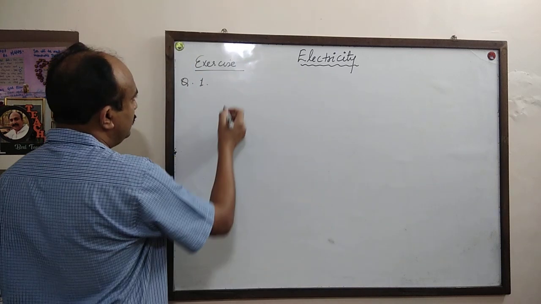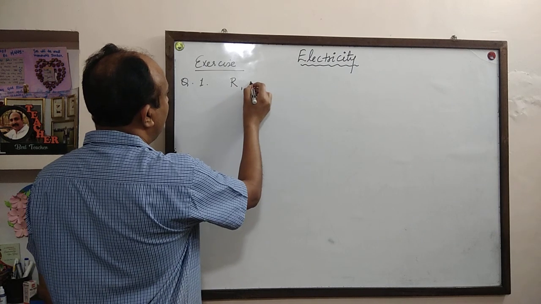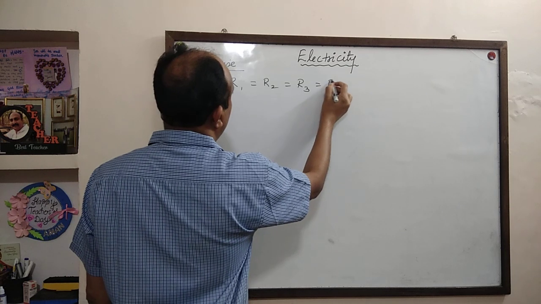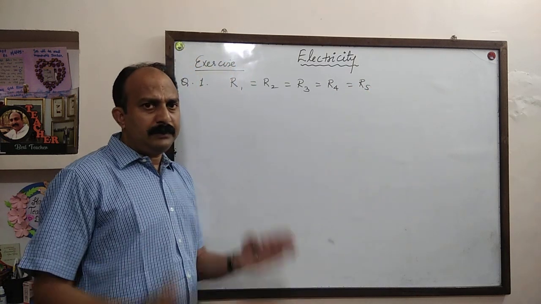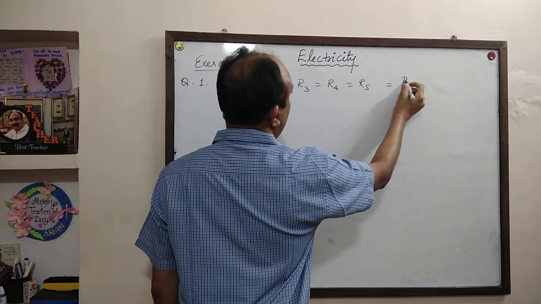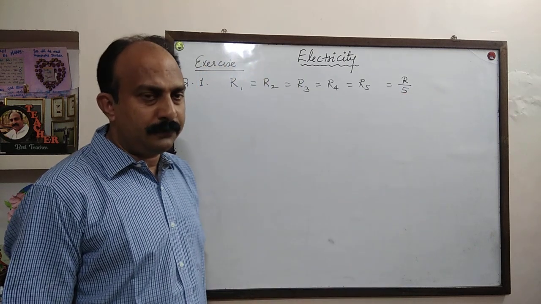So let us take the resistances as R1, R2, R3, R4 and R5. Since each of them is equal in length, each resistance will be equal to R upon 5. I think it is clear to all of you.